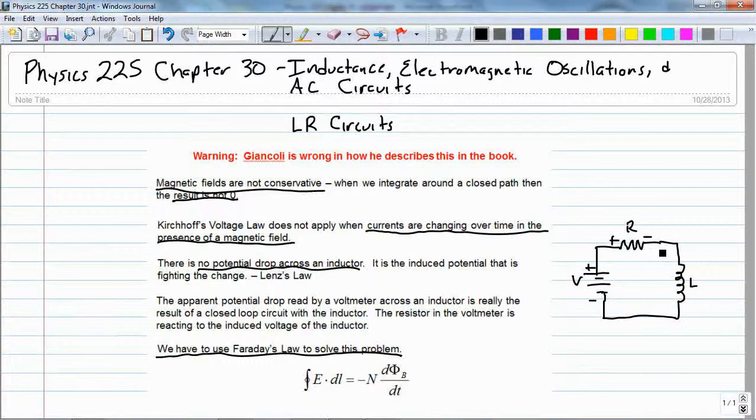And as I go around, there is no electric field in the wires. Inside those wires, there's no electric field. The electric field cannot exist inside of a conductor.